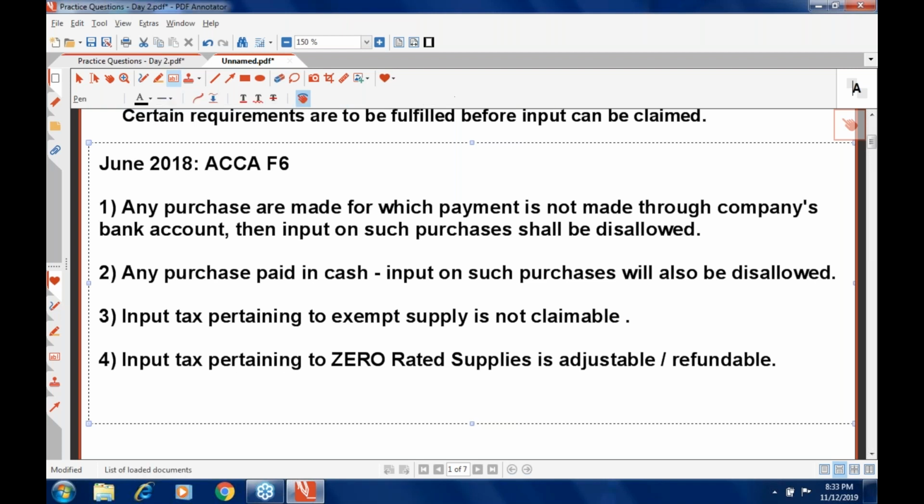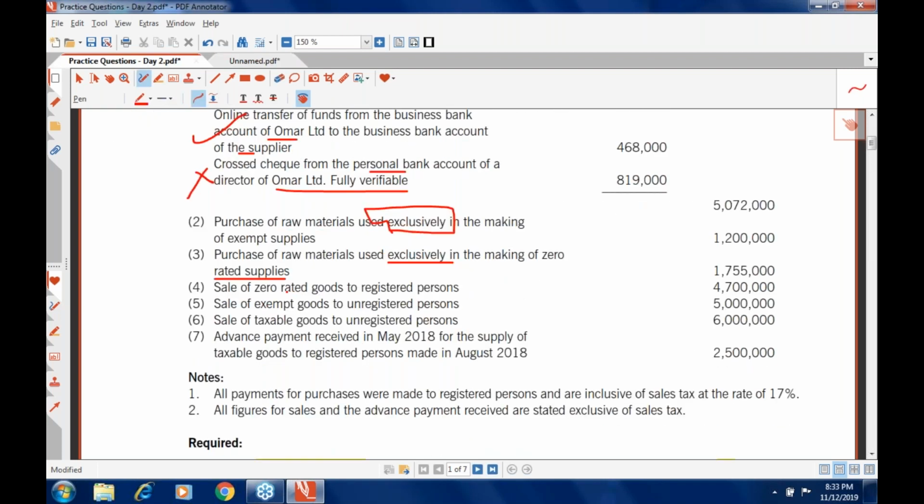The next situation is, it says sales of zero rated goods to registered persons. When zero rated goods are being sold, the tax is imposed at 0%. Then the next thing it says is sales of exempt goods to unregistered person, no tax is applicable on it. It says sales of taxable goods to unregistered person, 6 million. When you sell goods to an unregistered person, you apply a further tax of 3%.